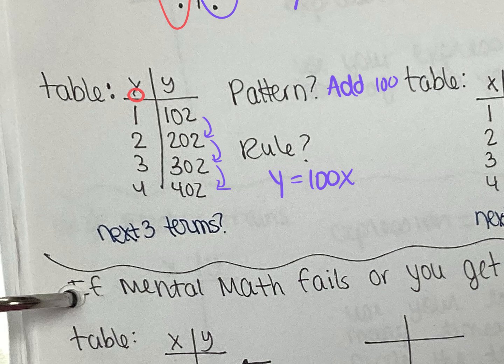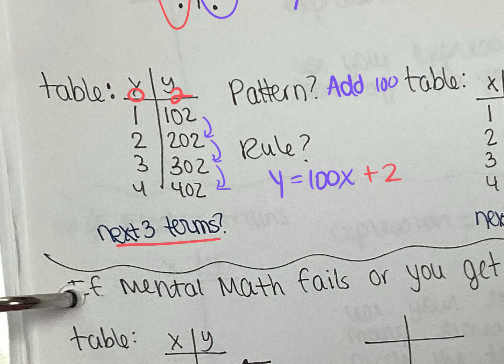The number that matches 0 is 2. Because if I back the pattern up, 402 minus 100 is 302, minus 100, minus 100, minus 100, I get 2. That's the number in the back.